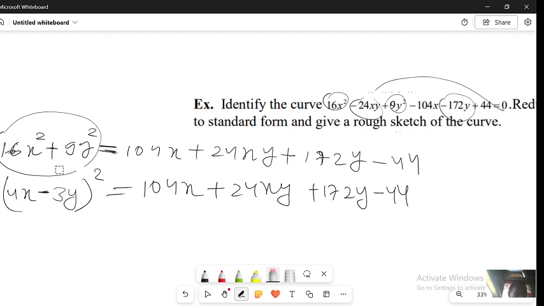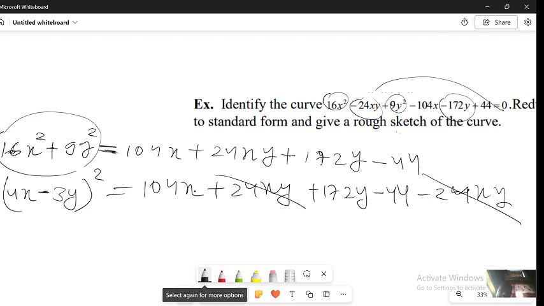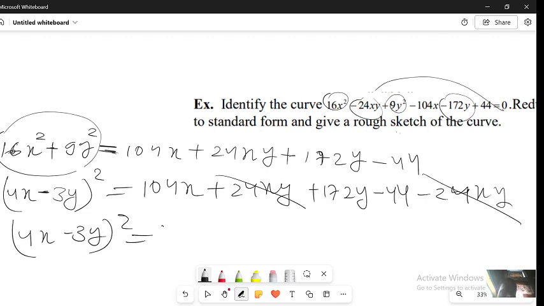So I have to subtract it here again. You see this one and this one are gone. Now you have 4x minus 3y square equal to 104x plus 172y minus 44.